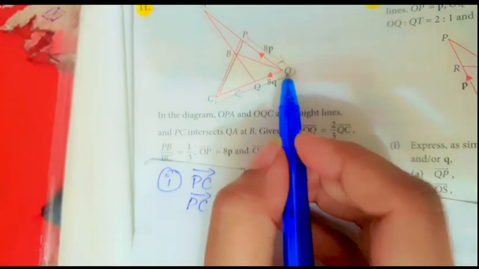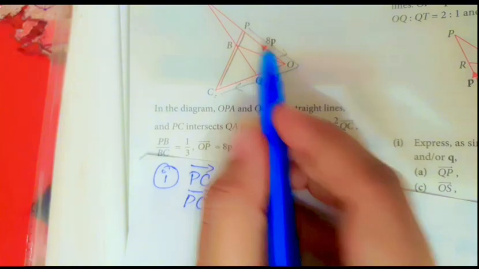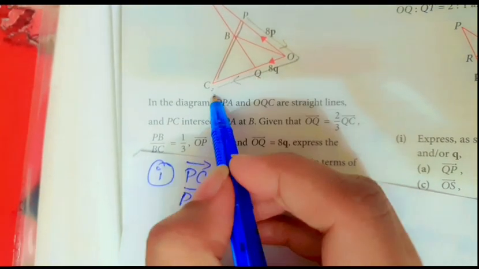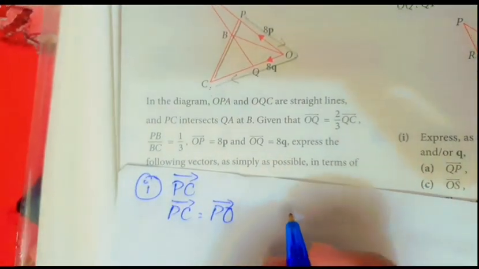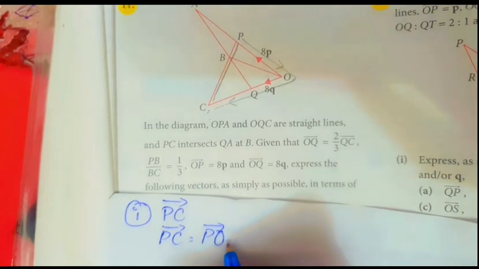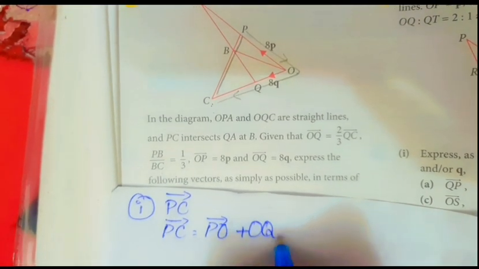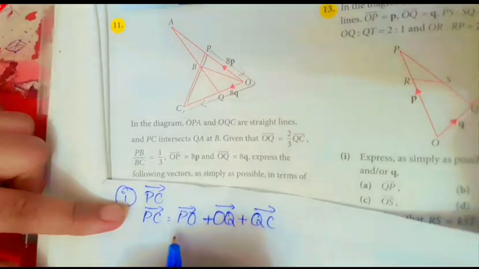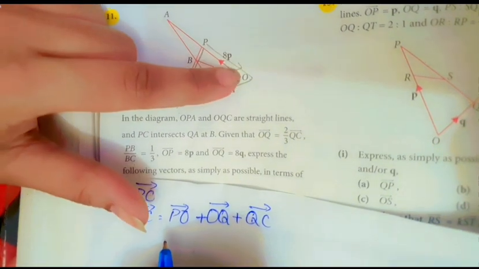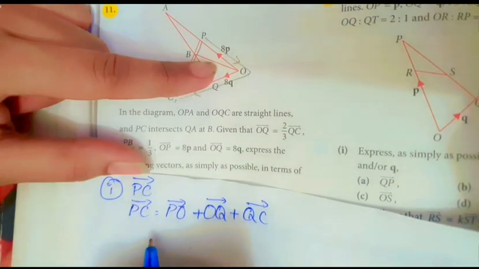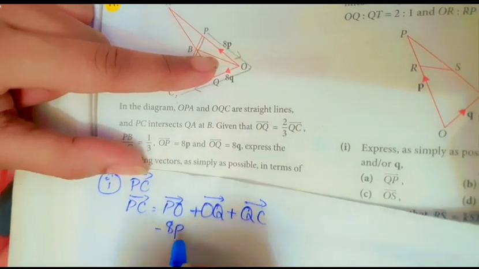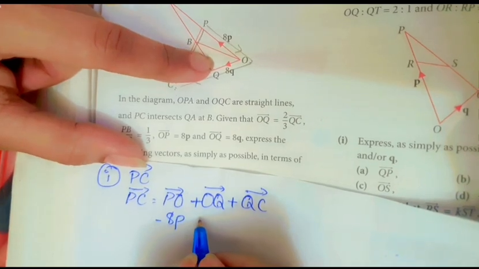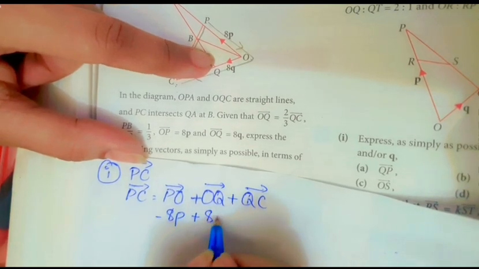Now I cannot directly move, I will move from P to O, then OQ, then QC. So PO plus OQ plus QC. You know that PO we are moving in the opposite direction, so I will take minus 8P. Then OQ, so I will take plus 8Q.